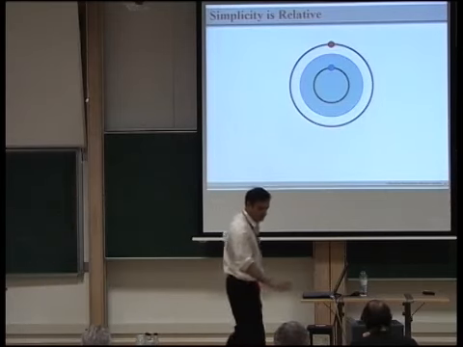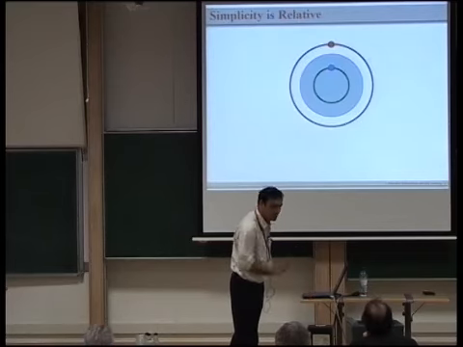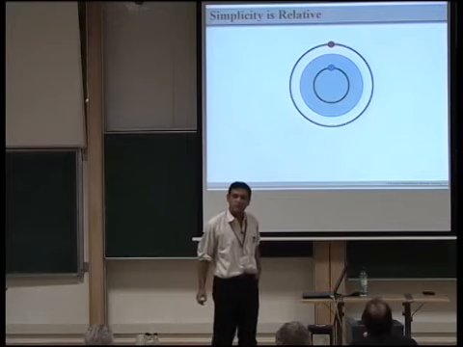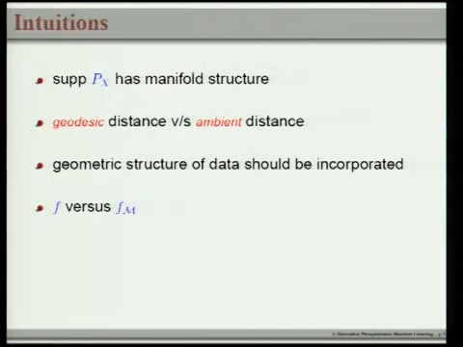Now, why did we actually think this is a reasonable thing to do? Well, we saw a few things, right? We saw that the support of the marginal has a manifold structure. We saw immediately that there were at least two notions of distance, a geodesic distance and a Euclidean distance, and possibly more. We have learned about the diffusion distance.